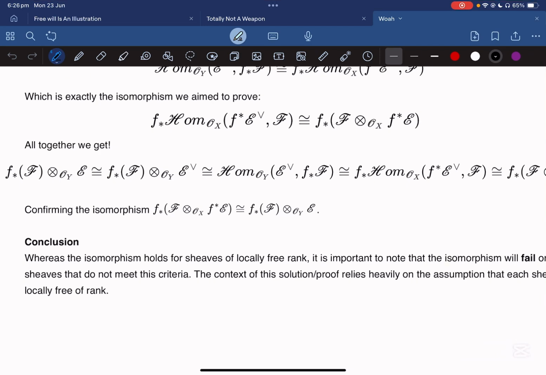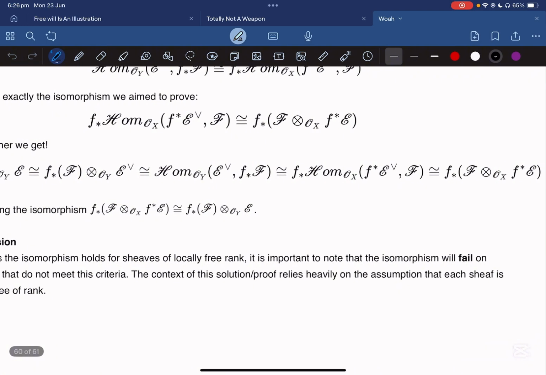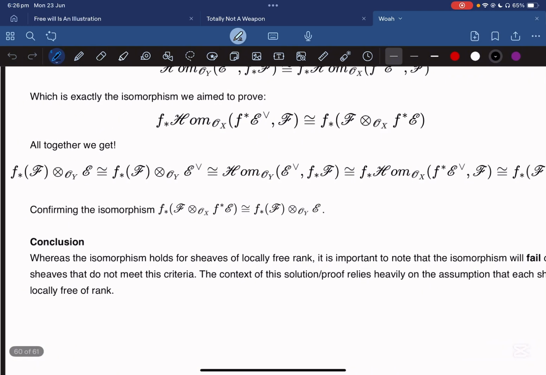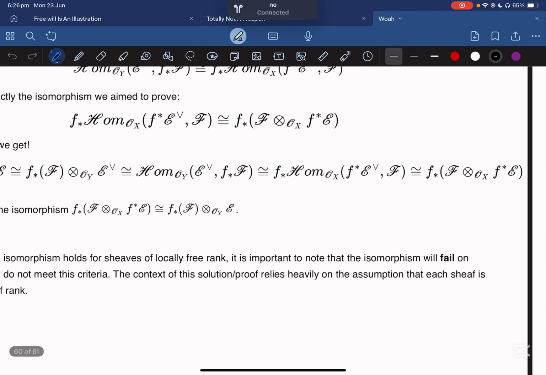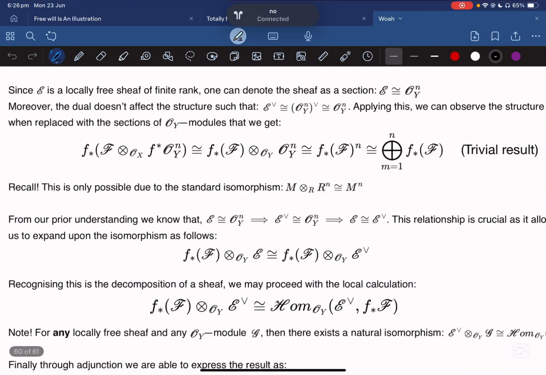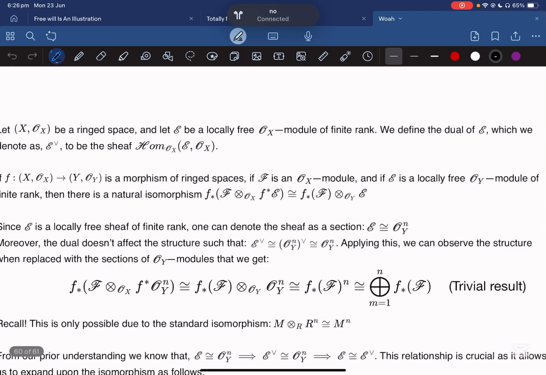And like I said here, the context of this solution slash proof relies heavily on the assumption slash assertion that each sheaf is locally free of finite rank. Don't use assumptions in math unless you're designing something.